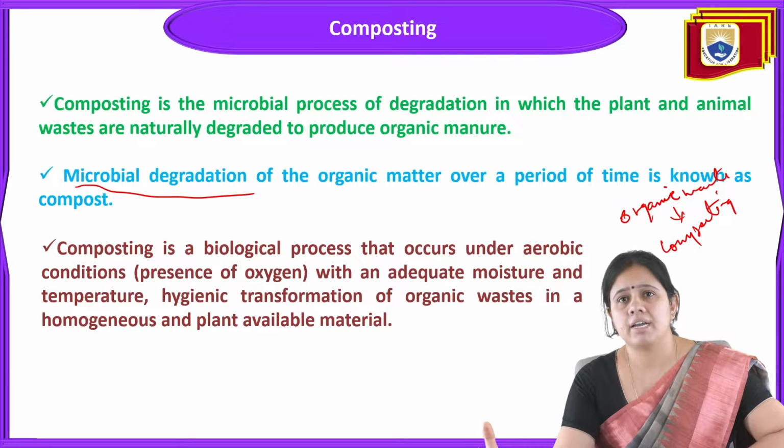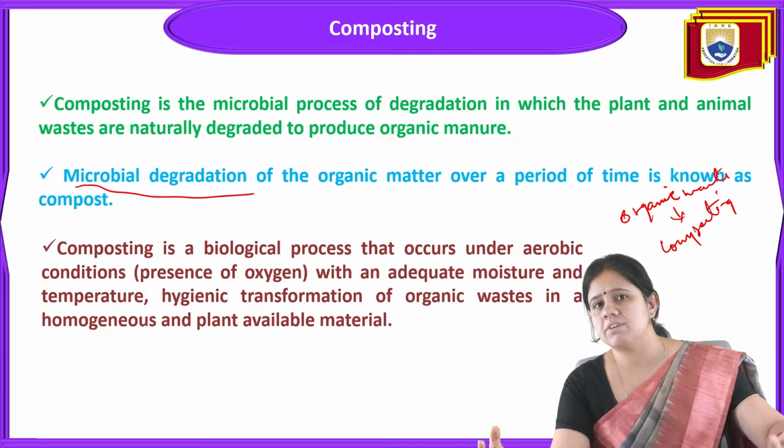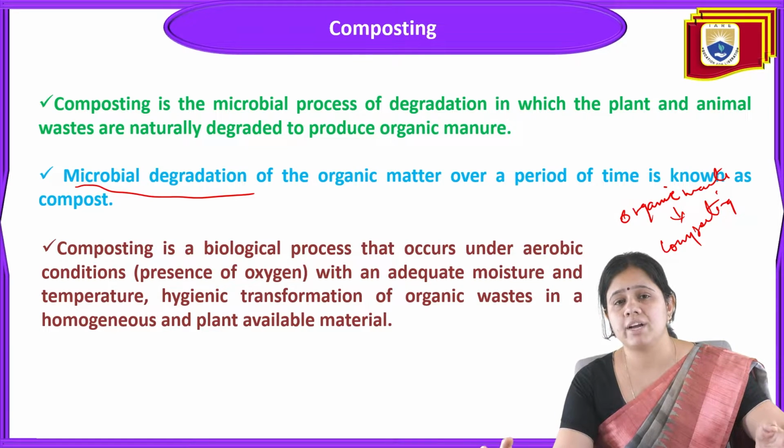So we can define composting as a biological process that occurs under aerobic conditions. The conditions are very important for this composting process, because if we provide good conditions, good nutrients, and all the factors, then we can obtain good compost.